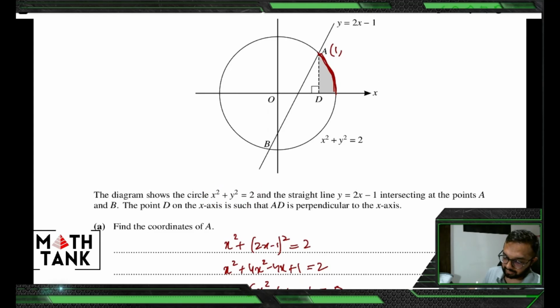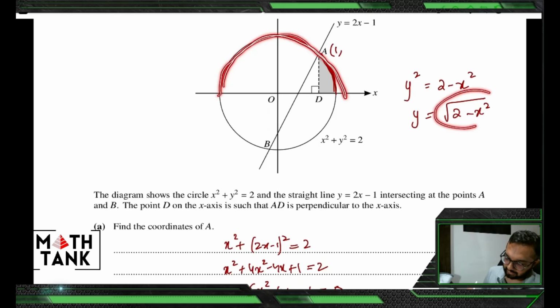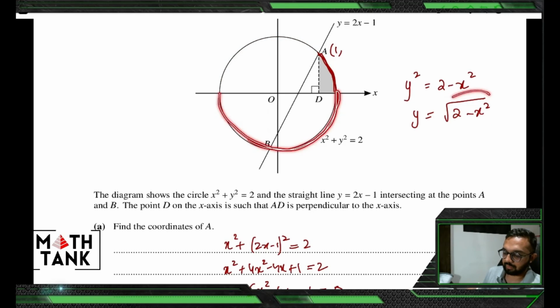So I have to first make y the subject, 2 minus x squared. Then I have to put a root. Now I have to decide whether it's a positive root or a negative root. If y is positive, then this equation should also be positive. If y is negative, then this equation should also have a negative outside. In this case, it's positive, so I'm going to take this equation.